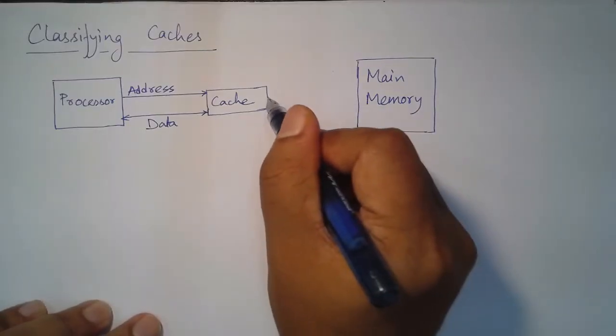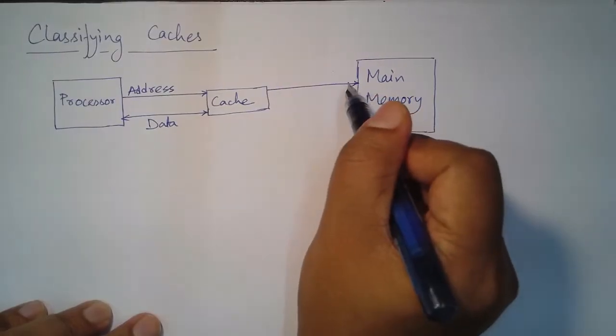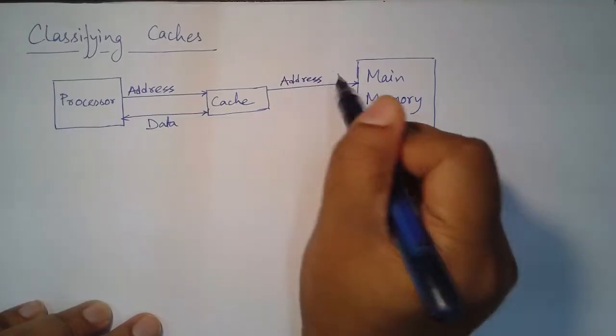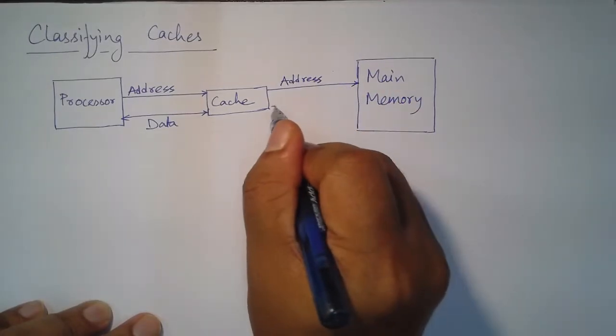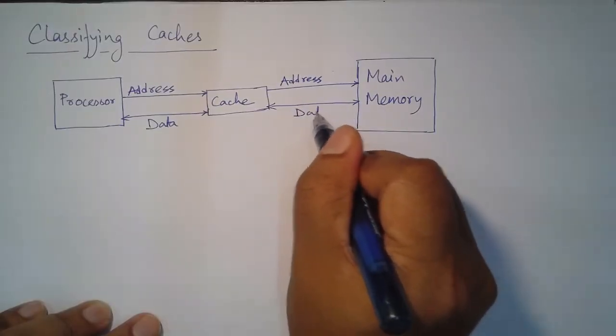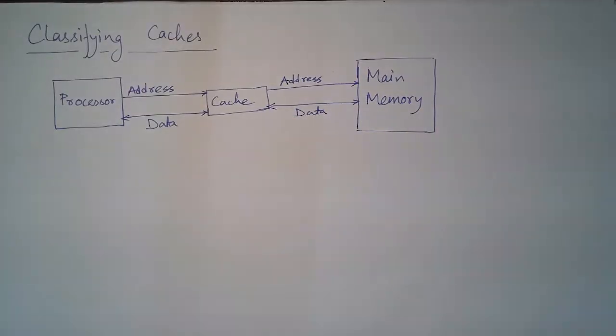Similarly, what is the communication between cache and main memory? The cache will be sending the address, and then from main memory the data, so data from cache as well as main memory will be communicated. So this is what the cache looks like.